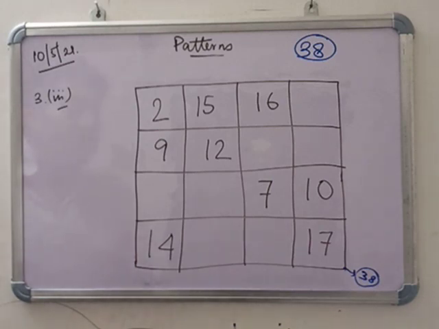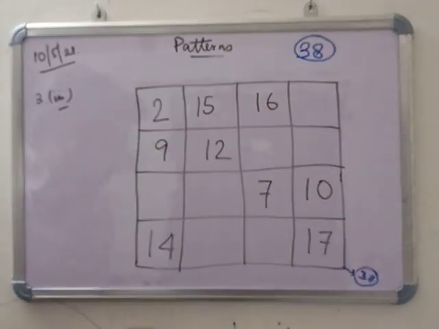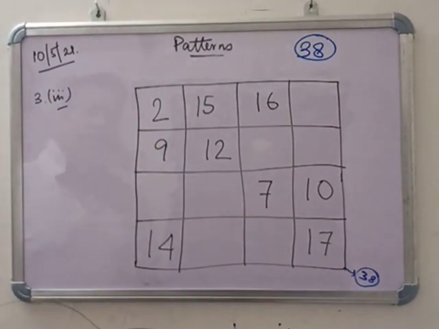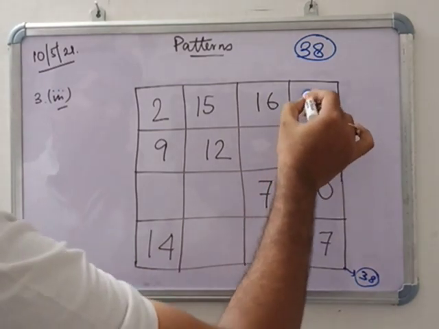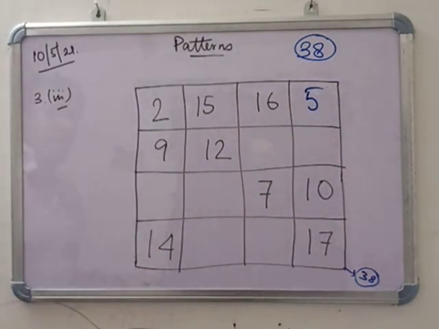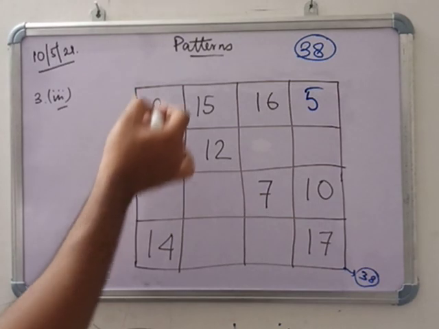Now see that 2, 15, 16. So 2 plus 15, this is 17. 17 plus 16, this is 33. 33 plus 5, 38. Clear?